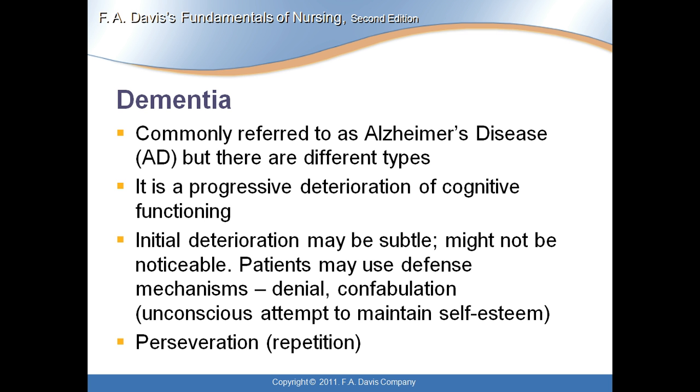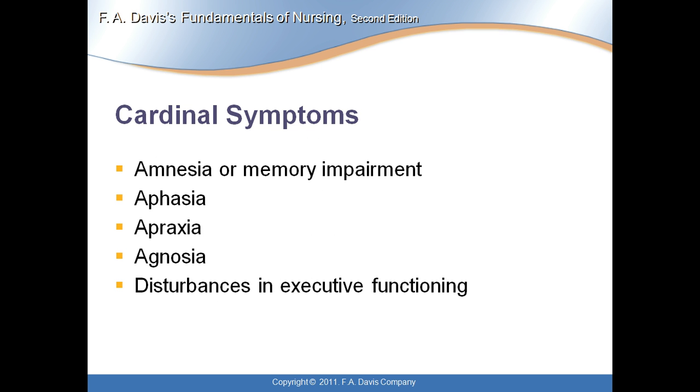I find that patients who have dementia or Alzheimer's disease do very well with masking their symptoms, and I also find that their spouses, because they see them every day, don't see the deterioration. They're so used to this being the way they are that they don't believe their spouses have Alzheimer's disease. So cardinal symptoms: amnesia or memory impairment, aphasia, apraxia, agnosia, disturbances in executive functioning.